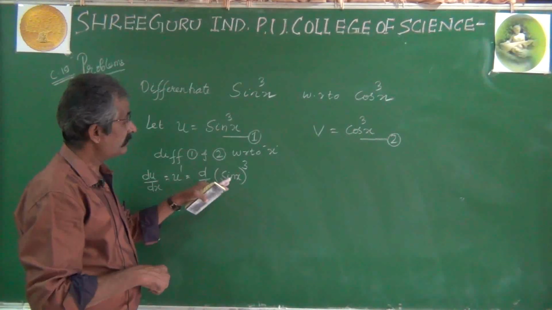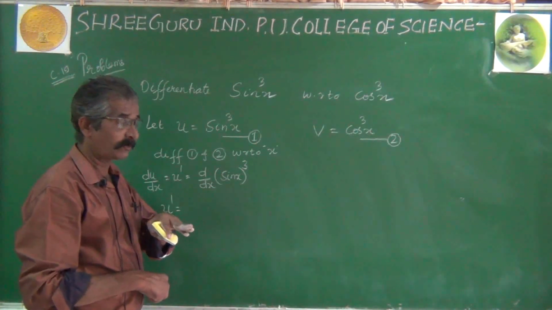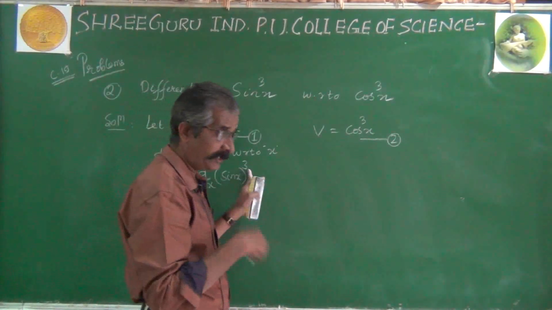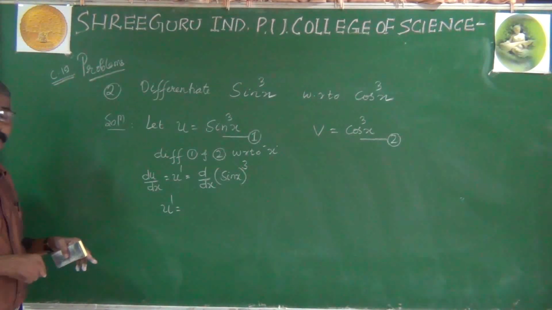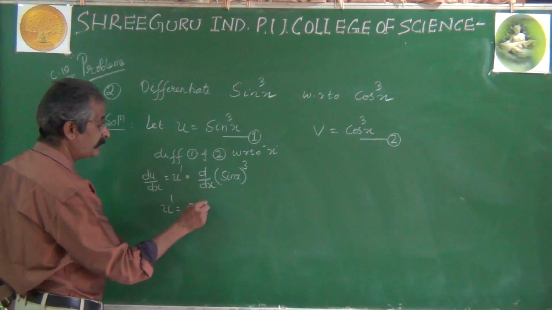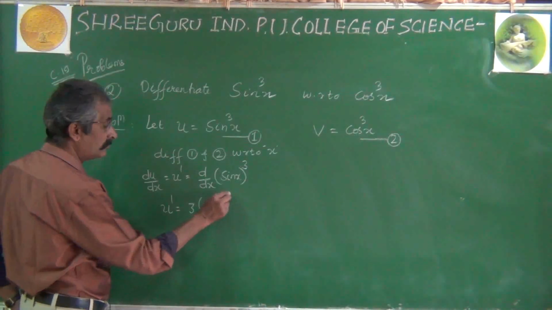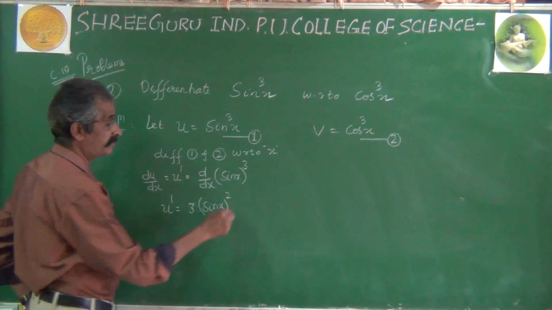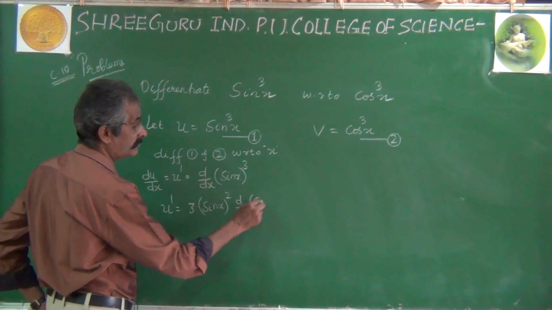It is just like differentiation of u to the power of n. You recall that formula in your mind, differentiation of u to the power of n is n u to the power of n minus 1 into u dash. So according to that, here 3 into sin x power 3 minus 1 is 2, multiplied by differentiation of sin x, into d by dx of sin x.